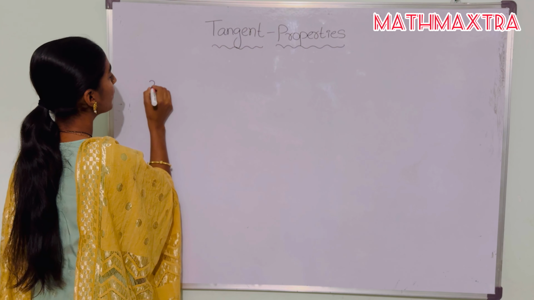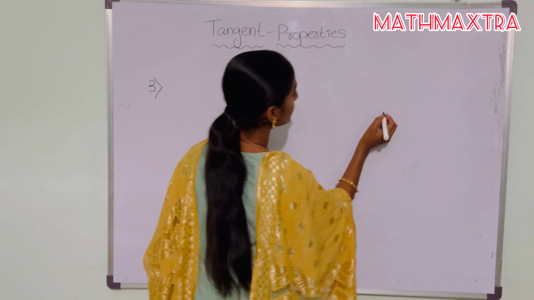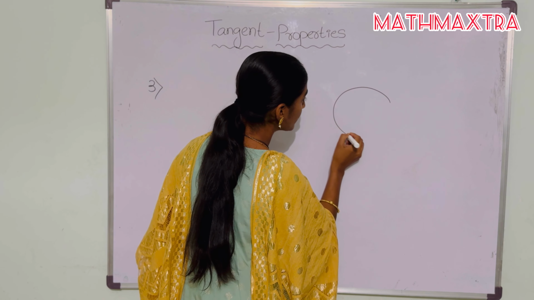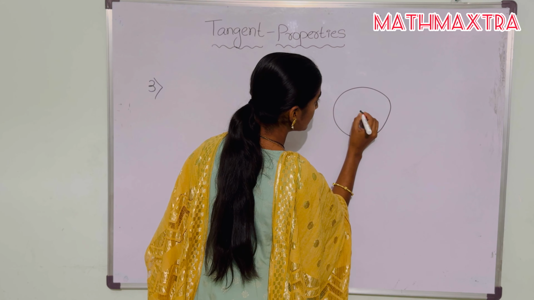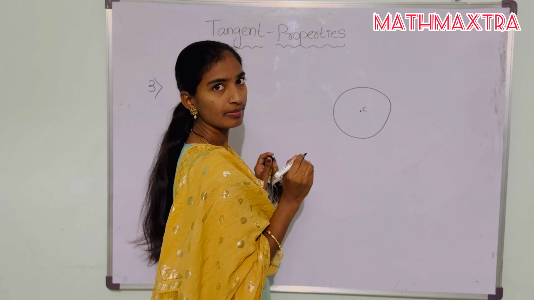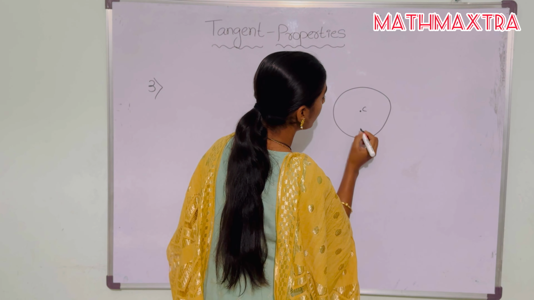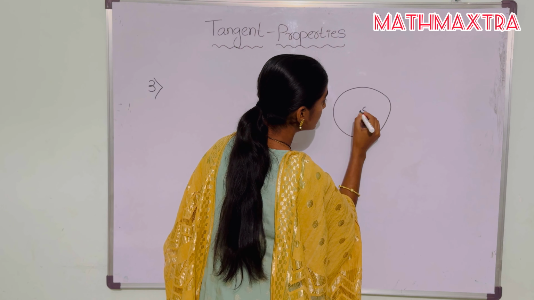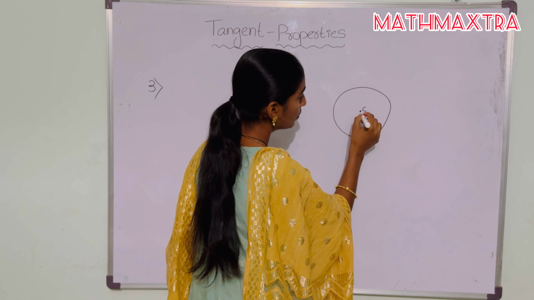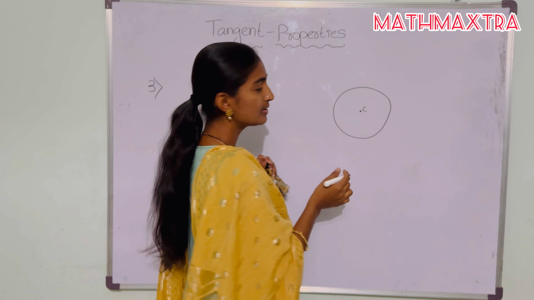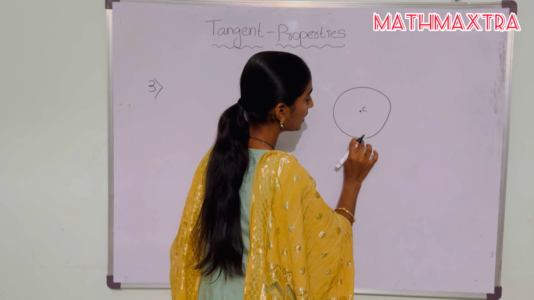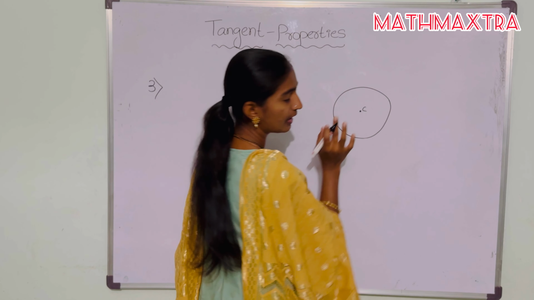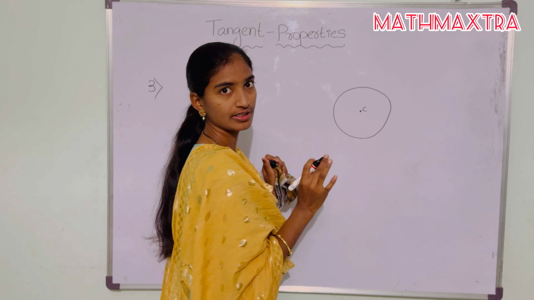Okay. Third property: if you take a circle, this is the center of the circle. If you join the center of the circle to any tangent, you can draw a tangent here, here, anywhere, right?